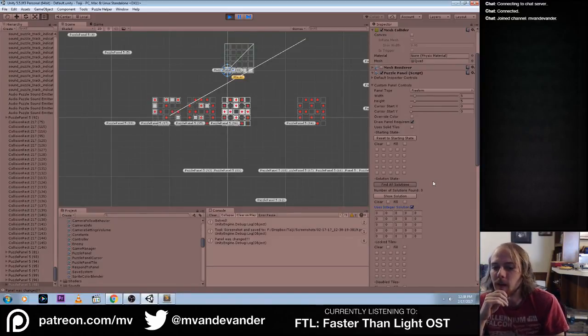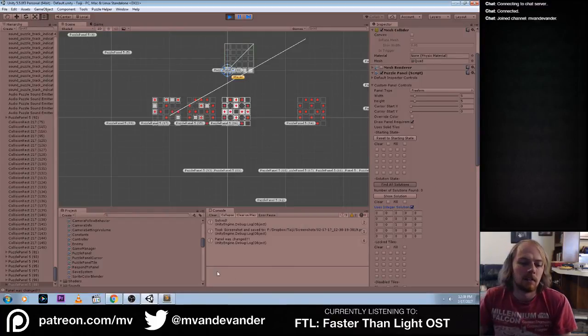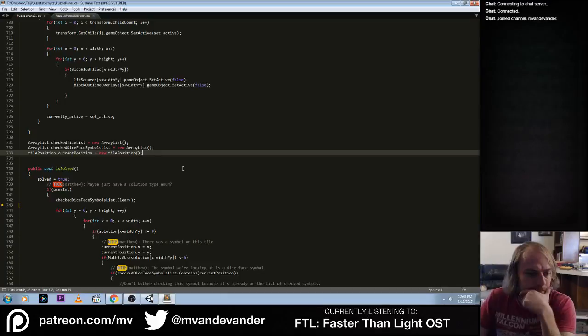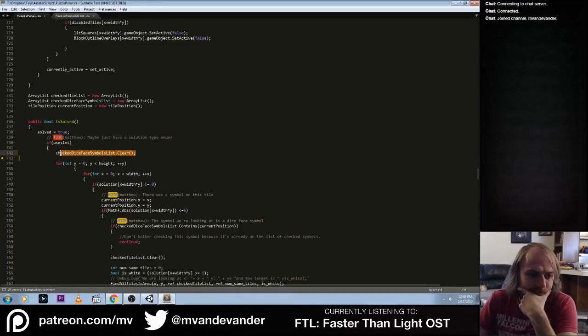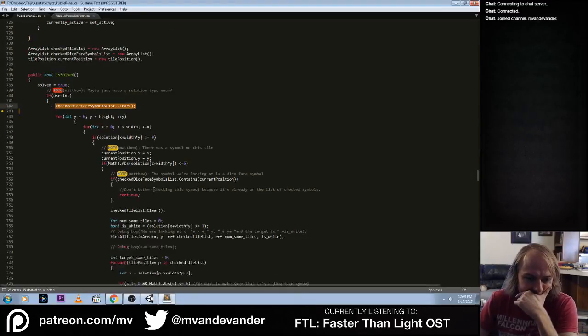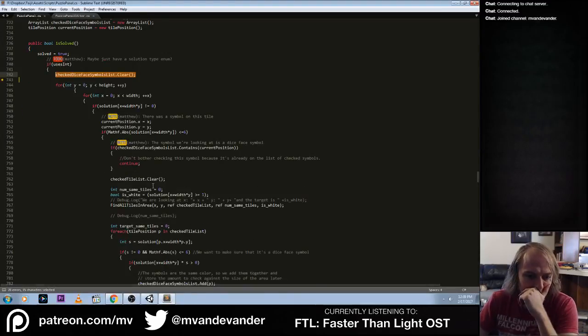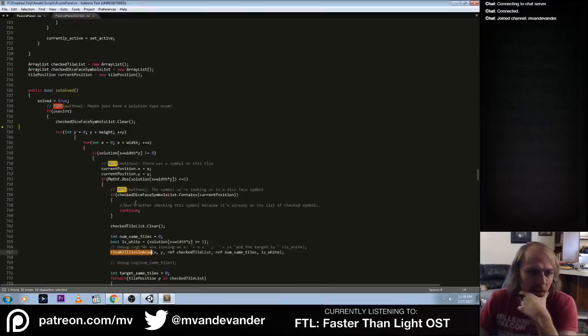I actually don't know whether this 5x5 is ever going to return. For all I know, this generates garbage. I have no idea. Probably find all tiles in area is generating garbage as well.